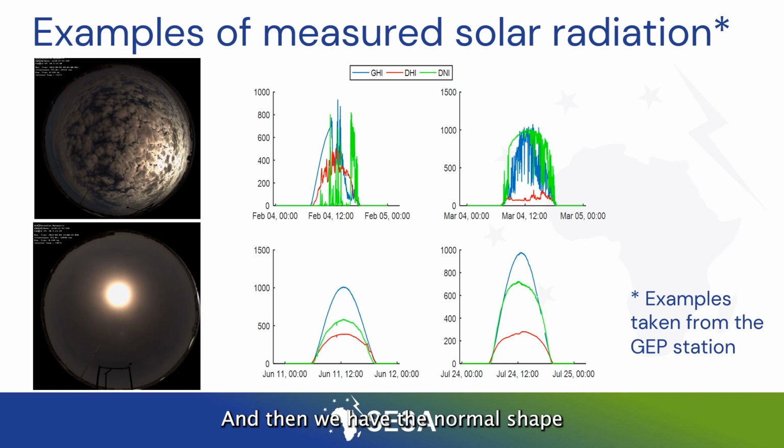And then we have the normal shape of the PV output power, which is simulated and measured, and it is the normal output. And those are real examples taken from the GEP station.